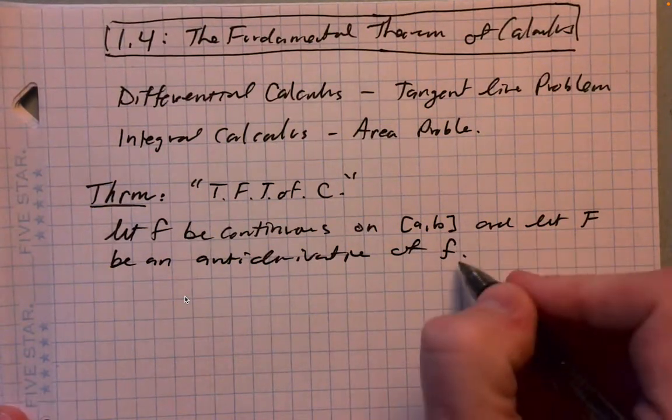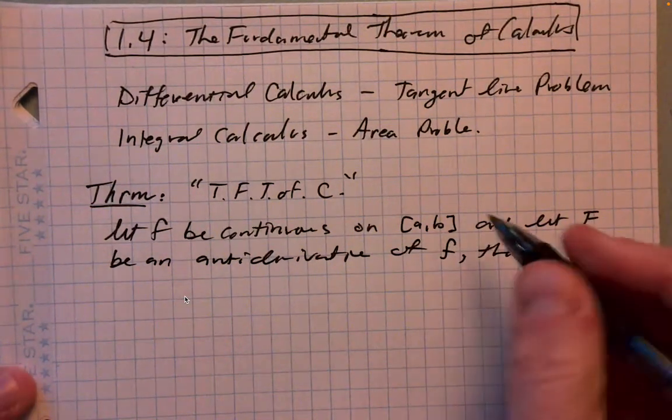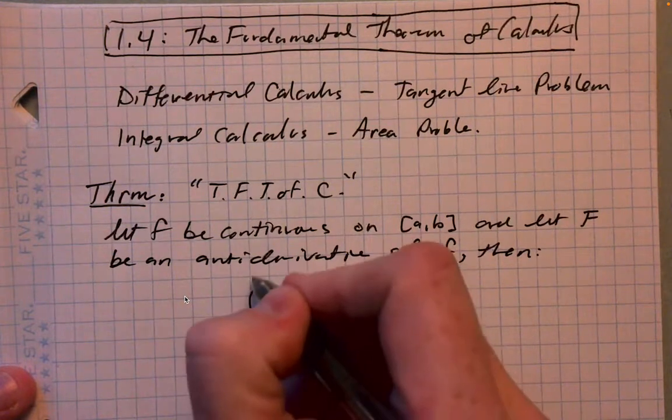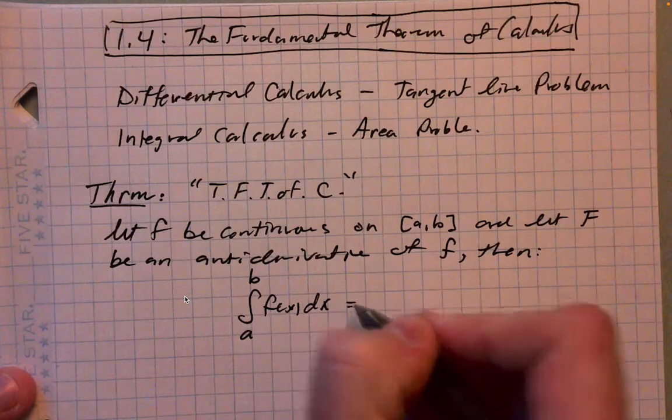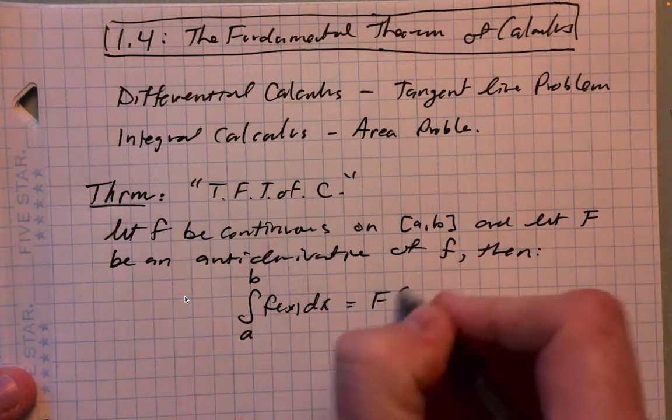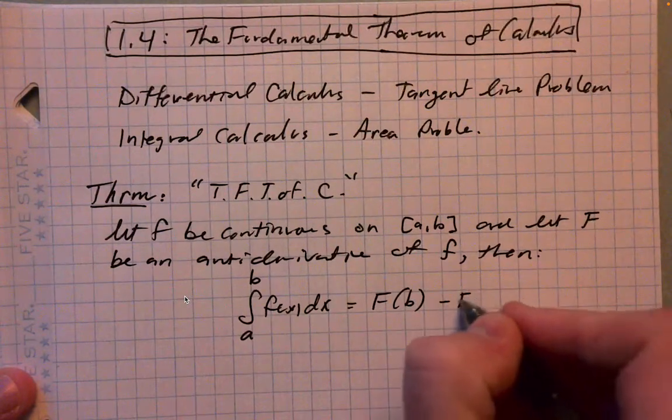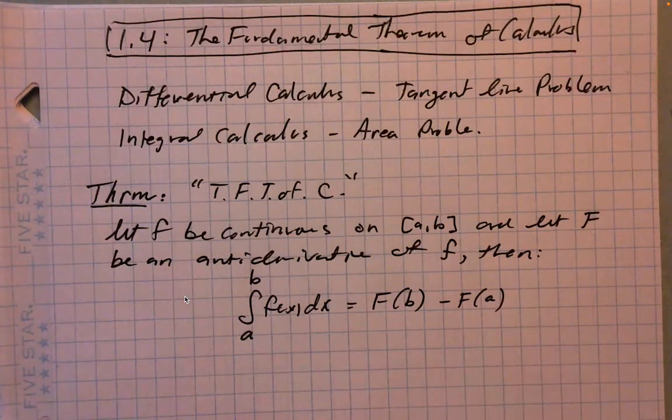Okay, then here's what we have. The definite integral from a to b of f of x is equal to big F of b minus big F of a.